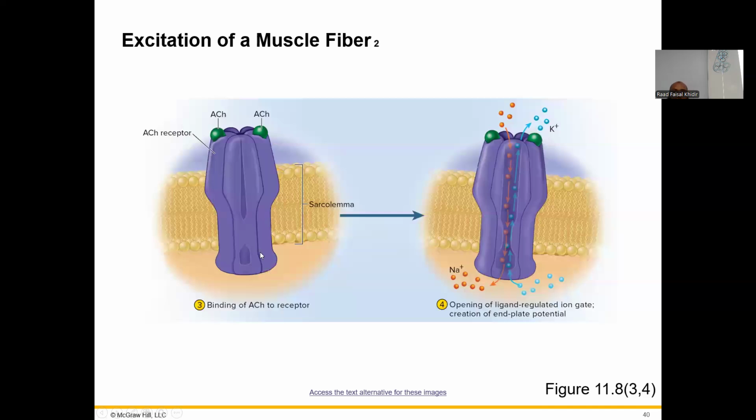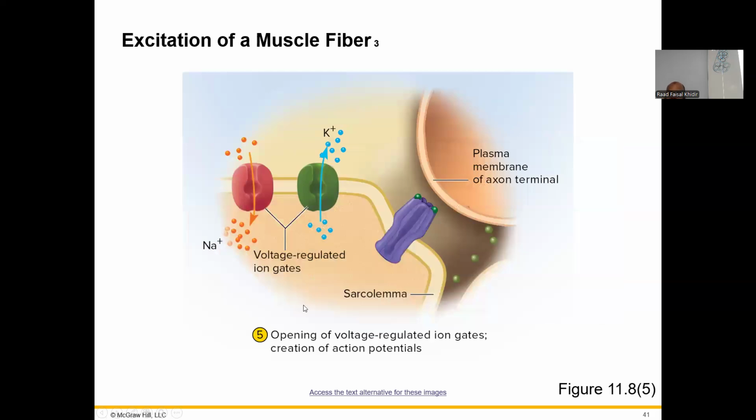So the binding of the calcium to the receptor would cause the opening of the ligand regulated ion gates, and there's a creation of end plate potential. You see, there's a creation of end plate potential when sodium influx and potassium would efflux. And then the opening of the voltage regulated ion gates. That would cause the creation of action potential.